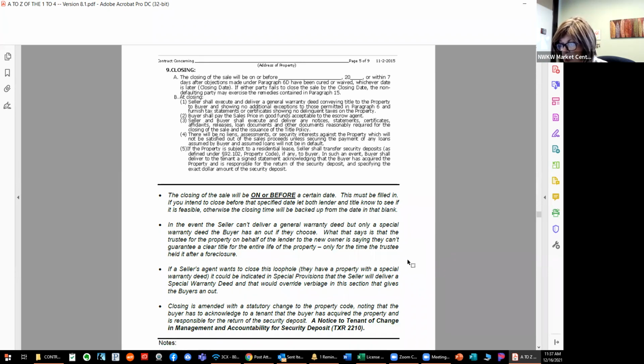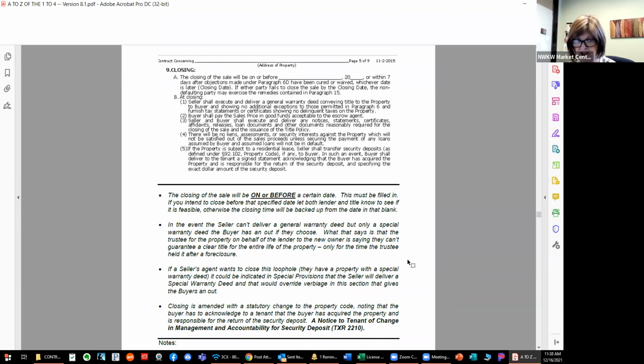Let's see. In the event, I talked a little bit about here, in the event the seller can't deliver a general warranty deed, but only a special warranty deed, the buyer has an out if they choose. What that says is that the trustee for the property on behalf of the lender to the new owner is saying they can't guarantee a clear title for the entire life of the property ever since it was built, only since they owned it.